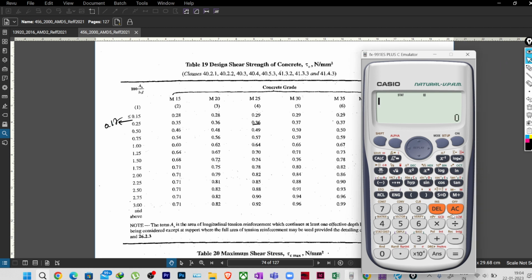Right, so I'll click on AC, I'll press shift stat, I need this one and 5. Yeah, so sorry, I think I have made a mistake. Let me do it again.